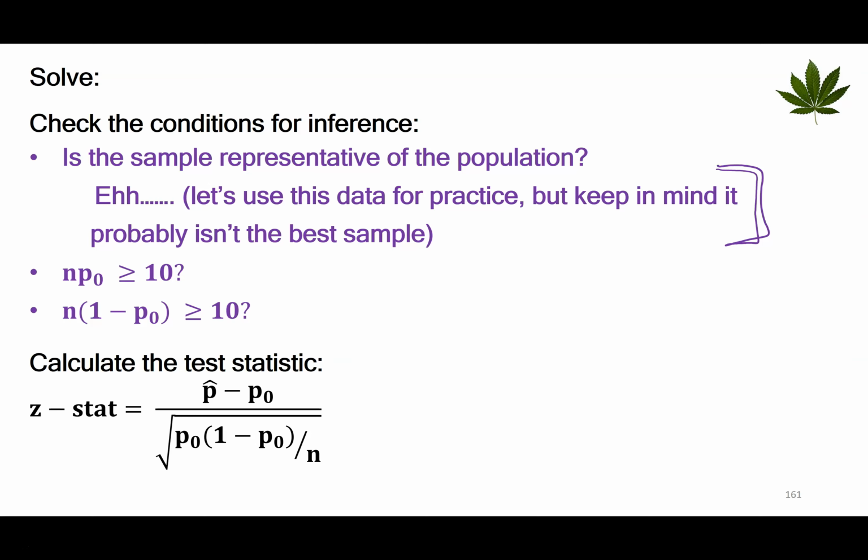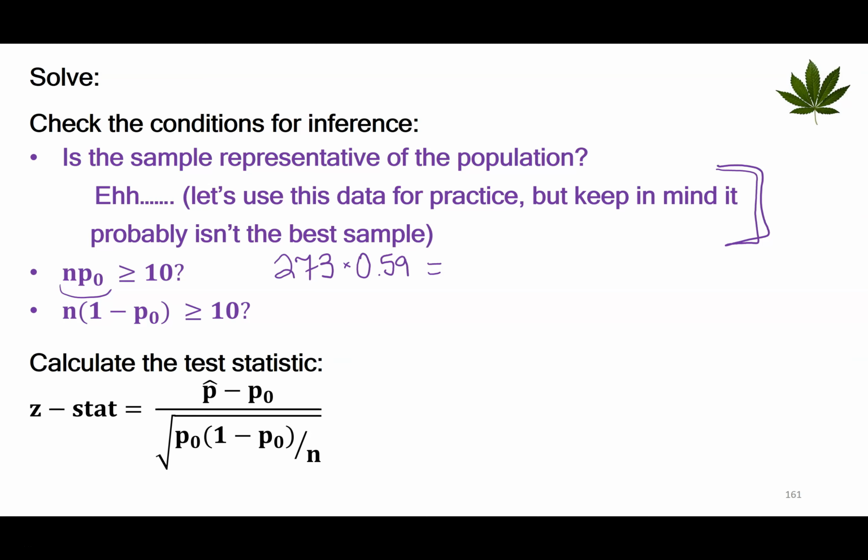So then, n times p naught, is that at least 10? So if I had 273 in my sample times what's claimed, 0.59, I'm going to have to pull out a calculator for this one because my math is not that fast. Not my mental math anyway.